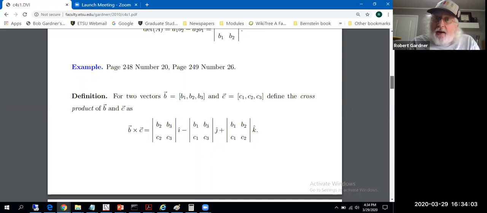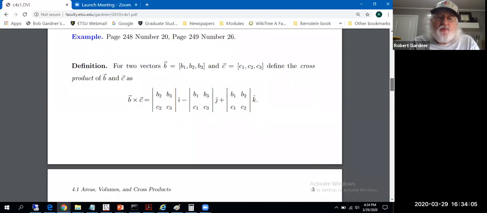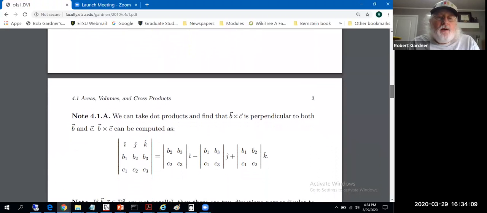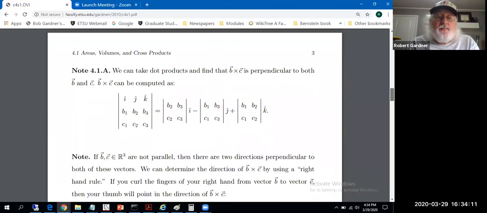Okay, well, it turns out that this is a very useful thing to do to vectors. The first claim is that when we take a cross product of vectors B and C, the vector that is produced is perpendicular to both vector B and vector C. How do you show orthogonality?